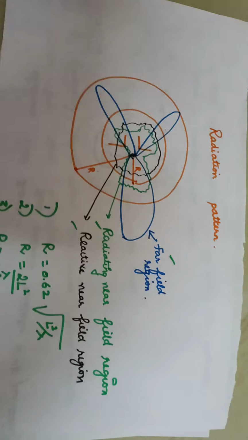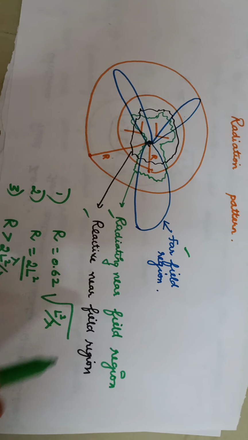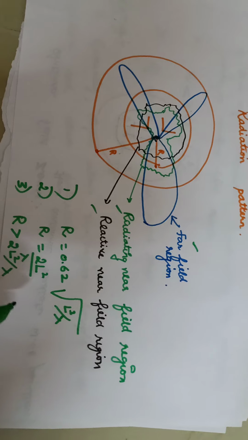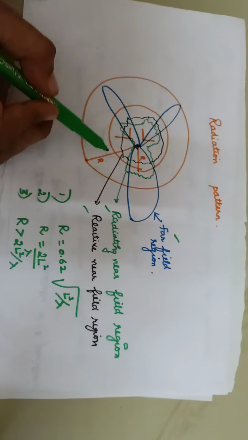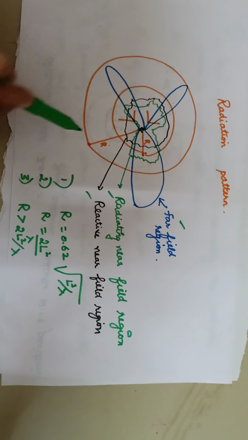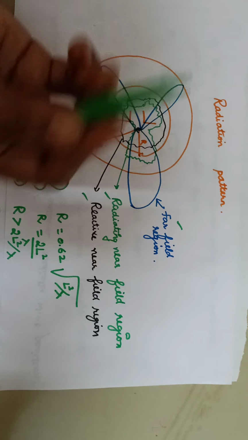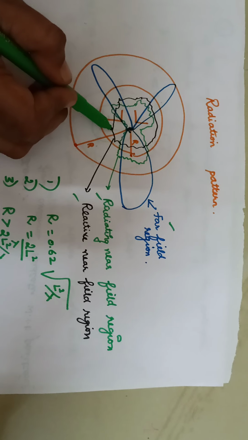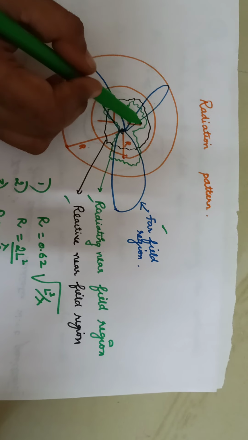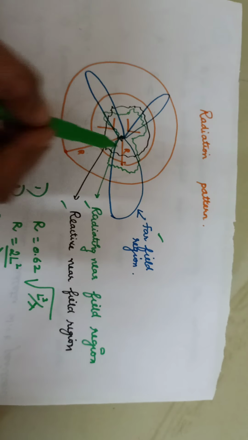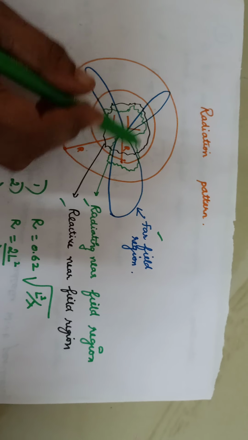Now let us see the radiation pattern for these three regions: reactive, radiating, far field. See the diagram here.